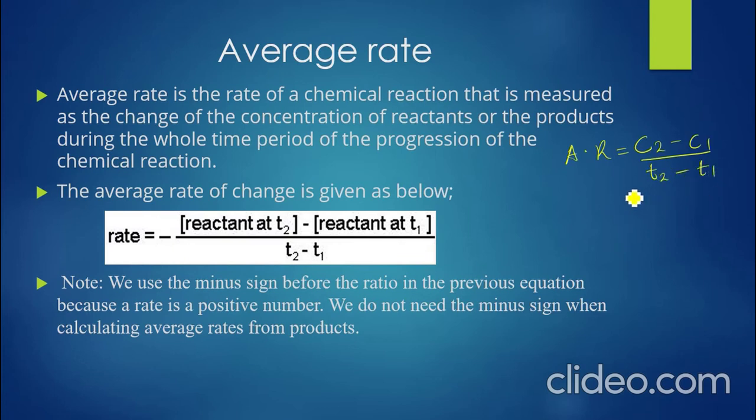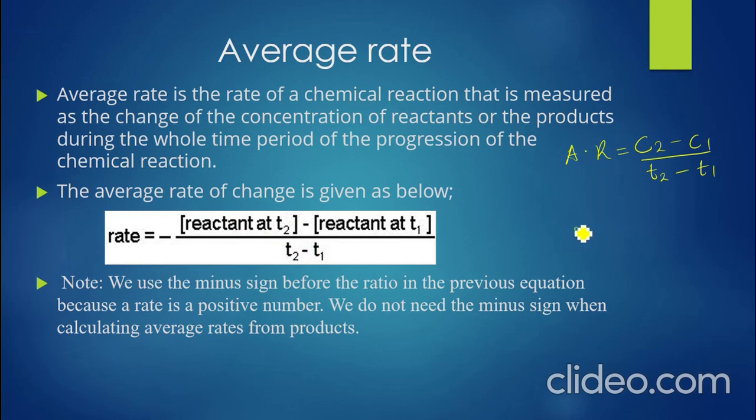This one can give you a negative, but remember, average rate is a positive number. You're not supposed to get a negative number, it must be positive. So that's the reason why they had to add this negative in front, in order to get rid of the negative that is going to come out from these calculations.